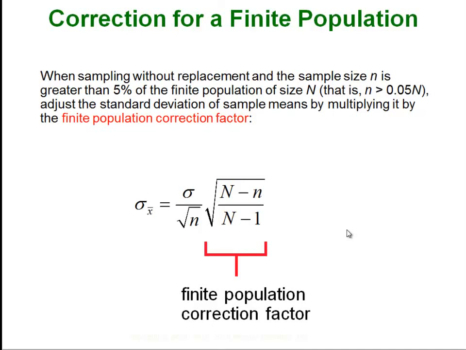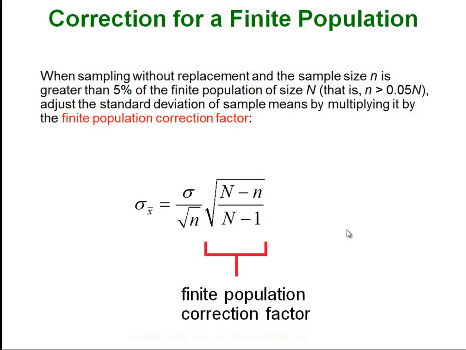So remember before we said we can only sample without replacement if our sample size is really small relative to the population size. Let's say our sample size is greater than 5% of the population size, but we still want to sample without replacement. Maybe it's just because it's too tedious or too unlikely or too impossible to sample with replacement.